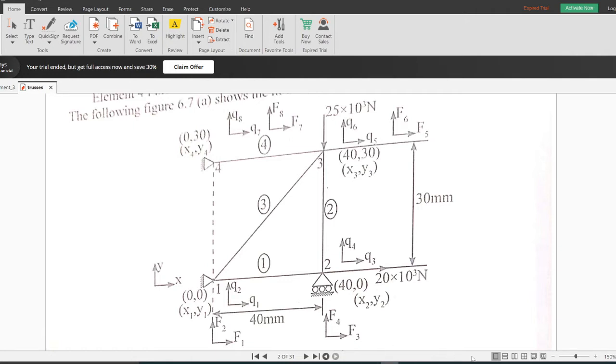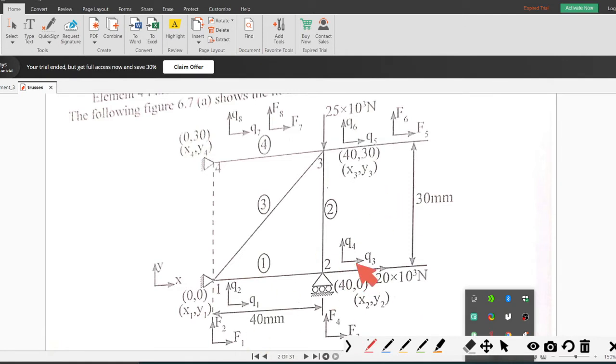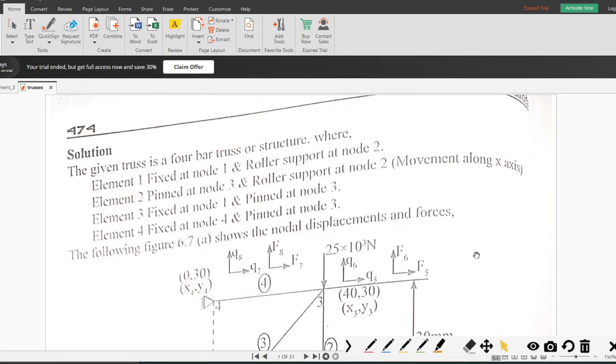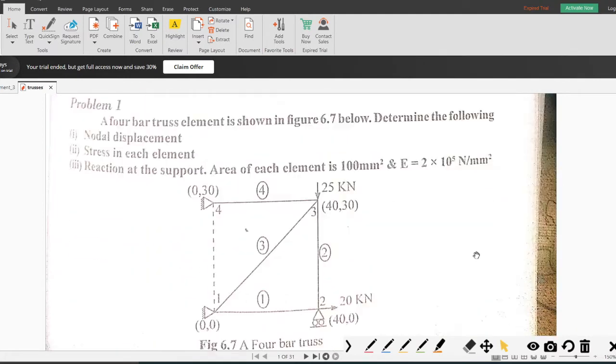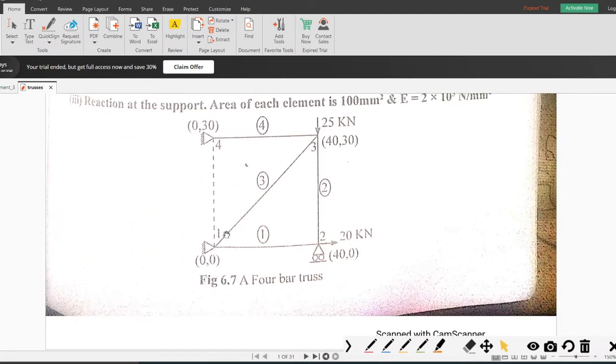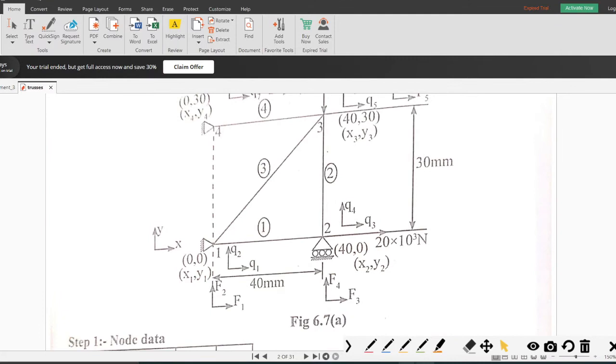I will also write the f1, f2, f3, f4, f5 values. See, f1 is how much? Any force at node 1 is given in the figure? 0, sir. No forces. f1, f2, no forces given, therefore f1 is 0, f2 also 0.